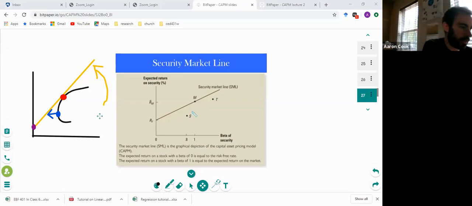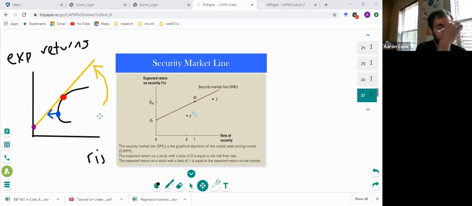So this x-axis, remember, is expected returns, and this is risk. Rather than choosing the blue dot, we can choose anything that's on the yellow line.